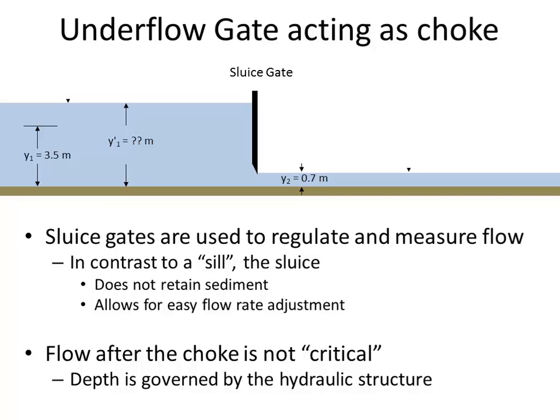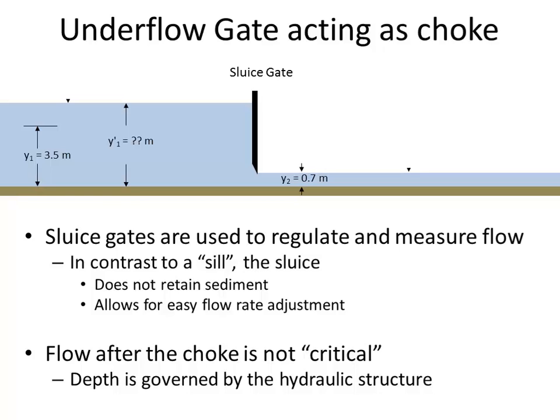So I wanted to point out the way that we go through and calculate conditions at an underflow gate, and the reason why is that this interacts with the principles of specific energy that we've been using so far. We'll start this off by considering a flow rate Q of 36 cubic meters per second, and a channel width of 4 meters.